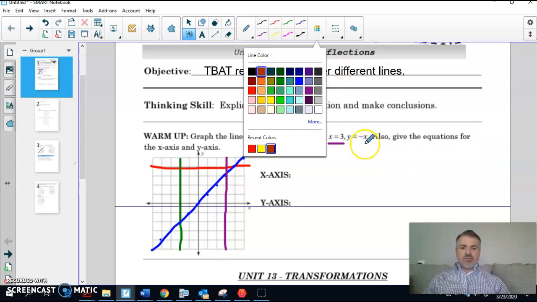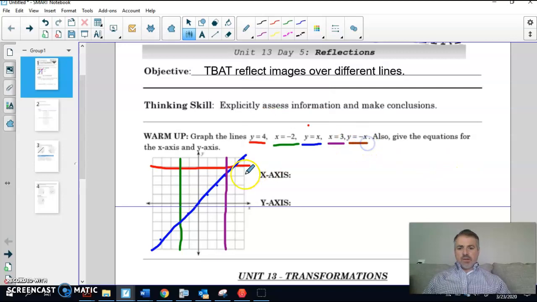The b is 0 again, so it's going to cross right here at the origin. Now I have a -1 slope. So -1 slope would be -1 over 1. Same graph, just going in the opposite direction here. And so you end up with y is equal to -x.